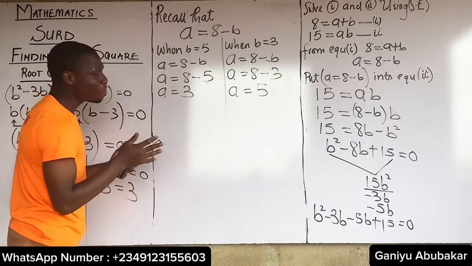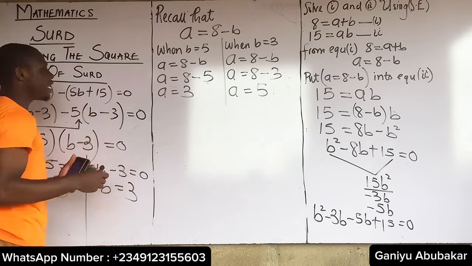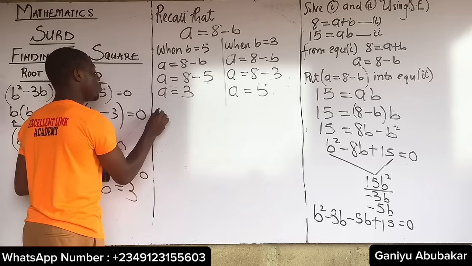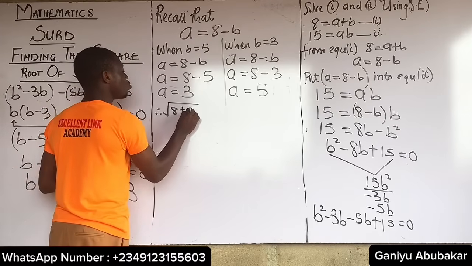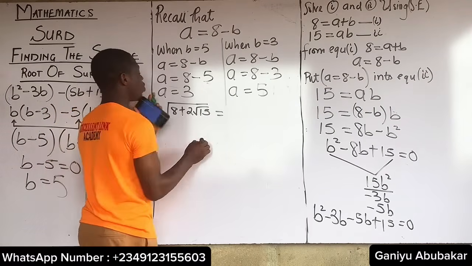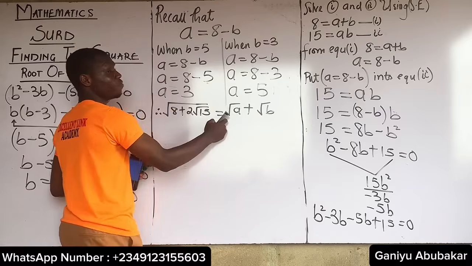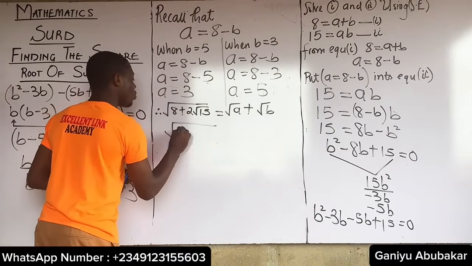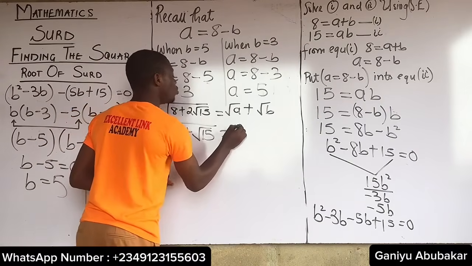My expression becomes, recall what we said from the beginning. From the beginning, we said that the square root of 8 plus 2 root 15, as we're looking for, is equal to what? Root a plus root b. Remember this one from the beginning. So it means that the square root of 8 plus 2 root 15 is equal to what?